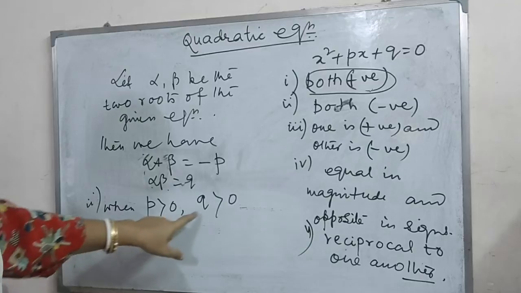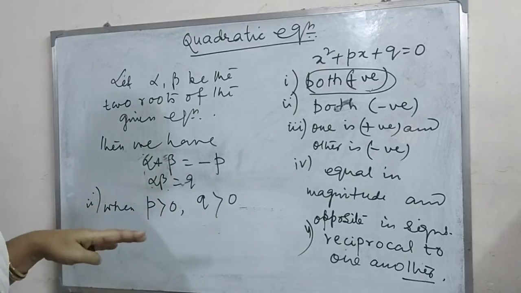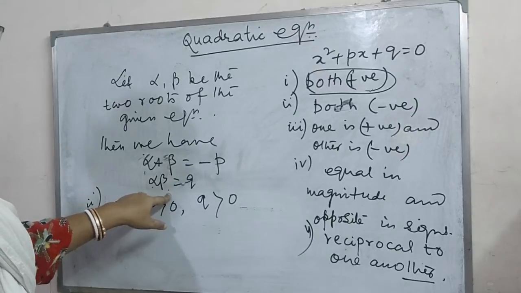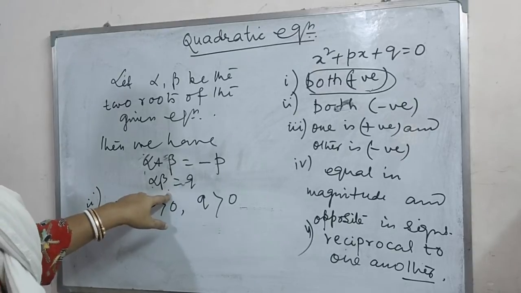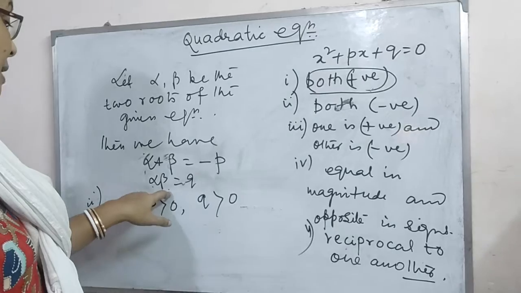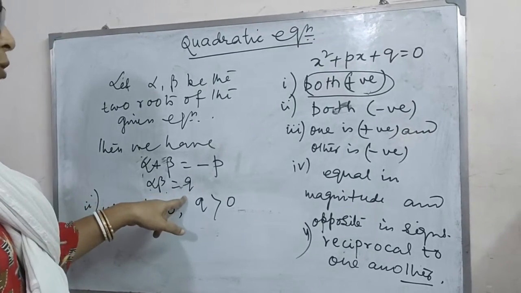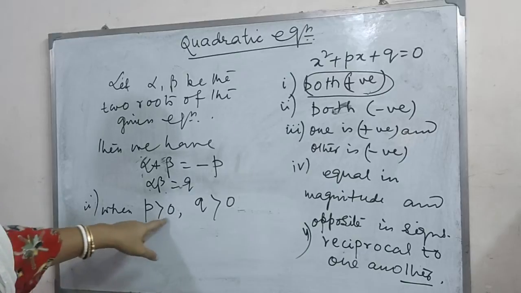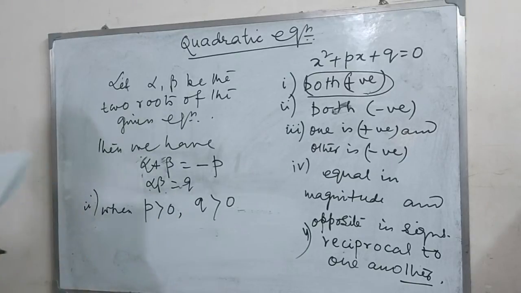Alpha and beta both are negative. Multiplication of two negative numbers gives positive sign, so q is positive. So for negative roots, p greater than 0 and q greater than 0.